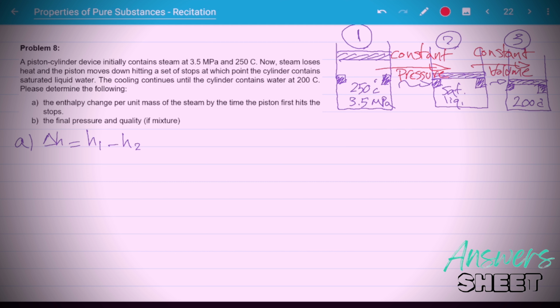So this should give us some information. At state 2, because we had a constant pressure, the pressure at state 2 is equal to the pressure at the initial state. And at the final state, the specific volume is equal to the specific volume of the second state. It doesn't matter volume or specific volume.